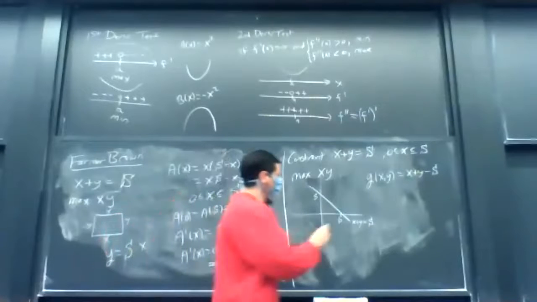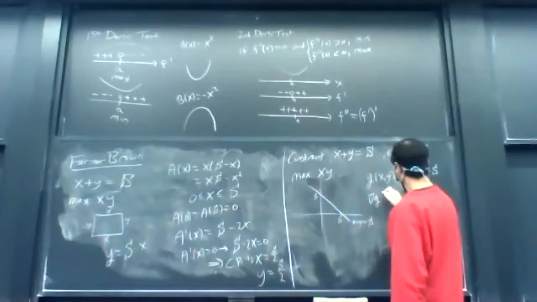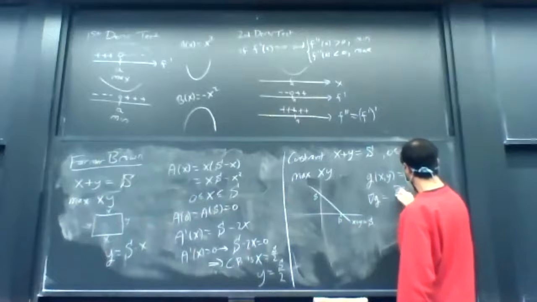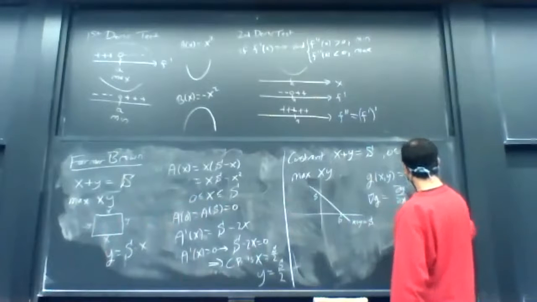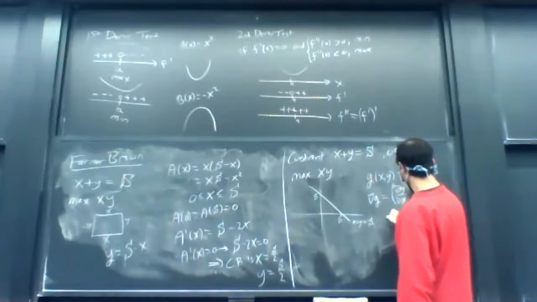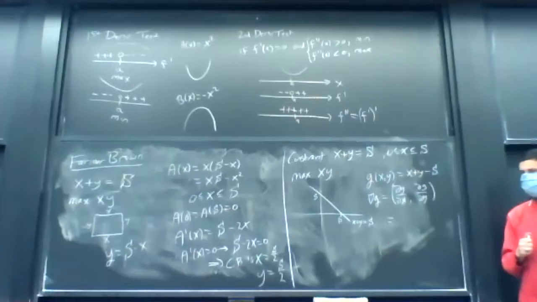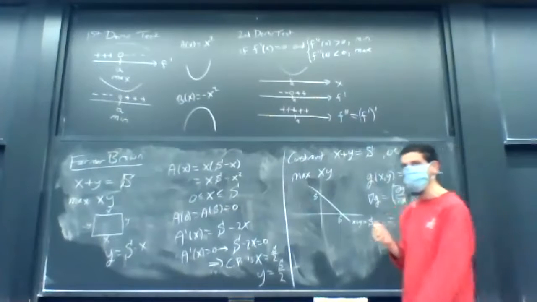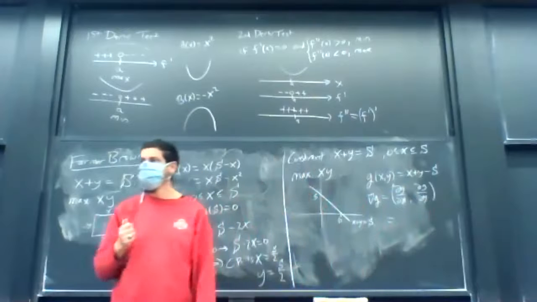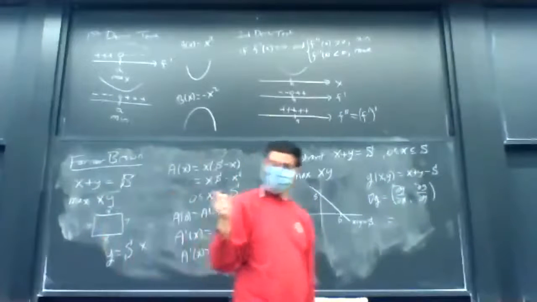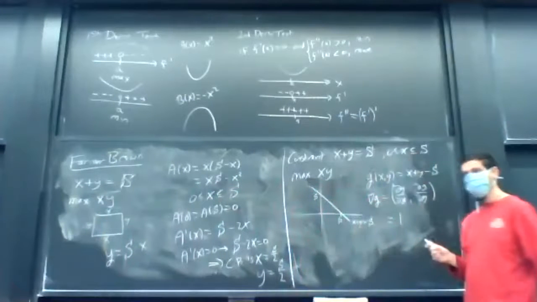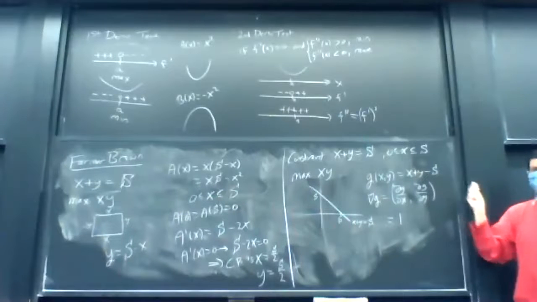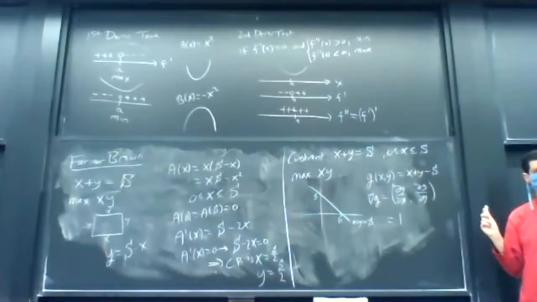Now let's calculate the gradient of g. It's going to be the partial of g with respect to x, the partial of g with respect to y. What is the derivative of g with respect to x? So it's x plus y minus s. So what's the partial of g with respect to x? It's just 1. What's the partial of g with respect to y? 1.